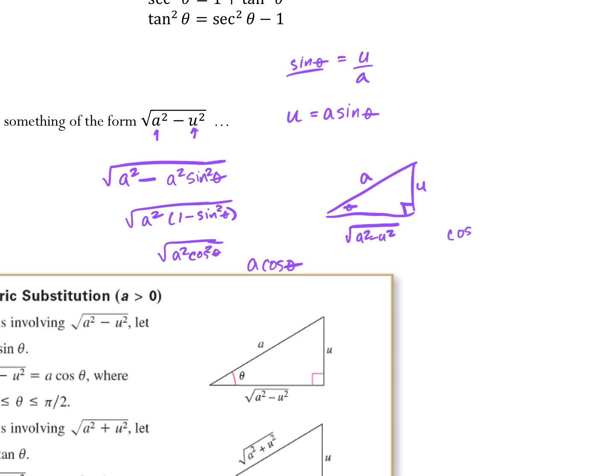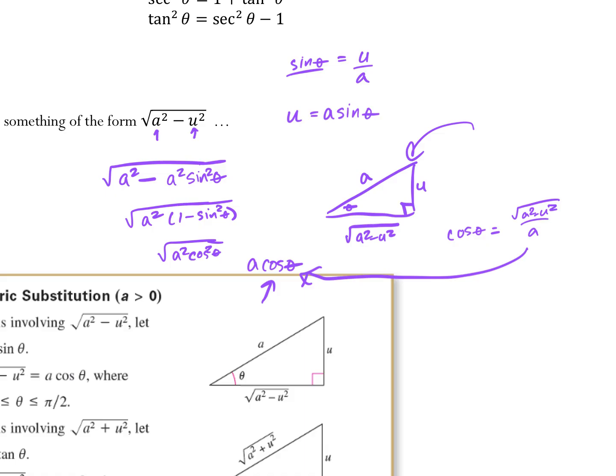What's the cosine of theta? The square root of a squared minus u squared over a. So this is a geometric picture of that. I don't care whether you work it out this way to help you see what you need to see versus putting it all on a picture.